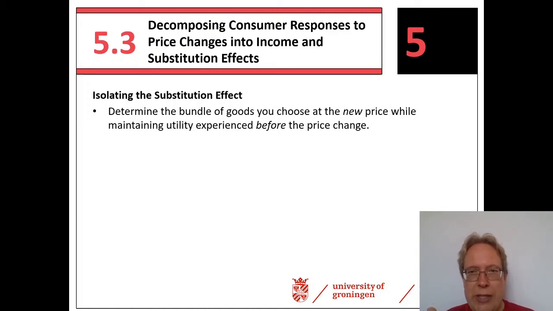So we want to get you back to your original indifference curve, right? We want to see the effect when you are just as happy as you were before, because we want to rule out this income effect, this effect that allows you to get on a higher indifference curve, but we want to maintain this substitution effect. We want to isolate the substitution effect.